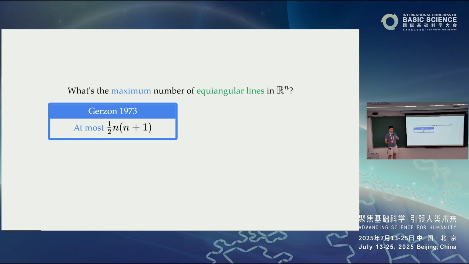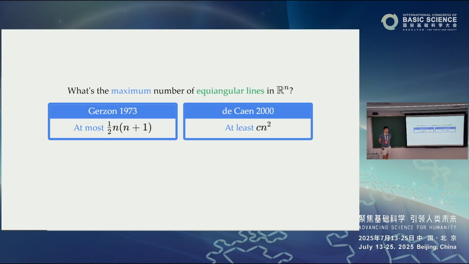You only need some basic facts about linear algebra, so if you're interested, I highly recommend reading about the proof. Fast forward about 30 years later, de Caen realized that you can indeed construct quadratically many equiangular lines in Rn. So roughly speaking, we know the asymptotic behavior of this maximum number of equiangular lines in Rn.